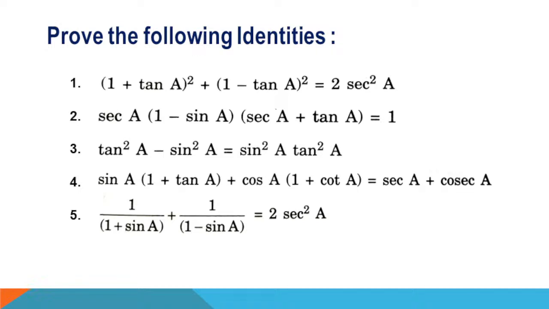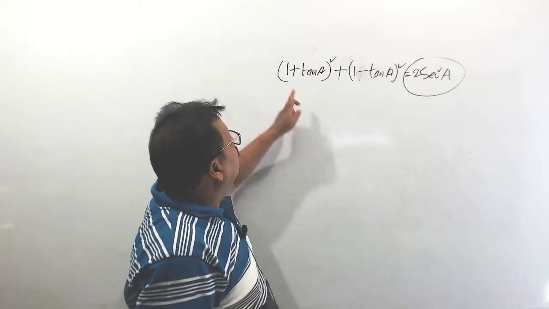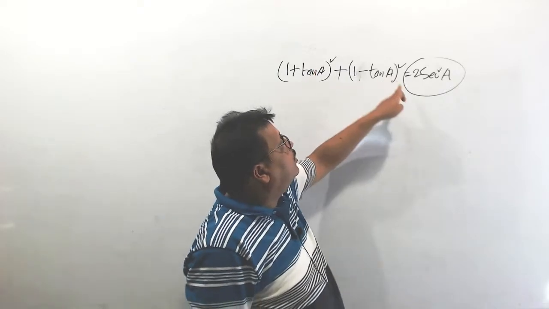What's the first problem? You have to prove (1 plus tan a) whole square plus (1 minus tan a) whole square is equal to 2 sec square a.